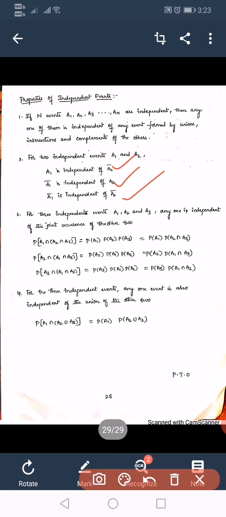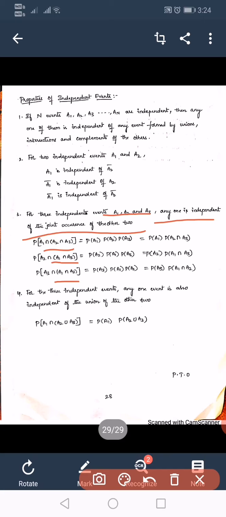Okay. Next one is the third property. Three independent events we consider, A1, A2 and A3. Any one is independent of the joint occurrence of the other two. Joint occurrence of the other two means A2 intersection A3 or A1 intersection A3 or A1 intersection A2. So any one is independent of the joint occurrence of the other two.